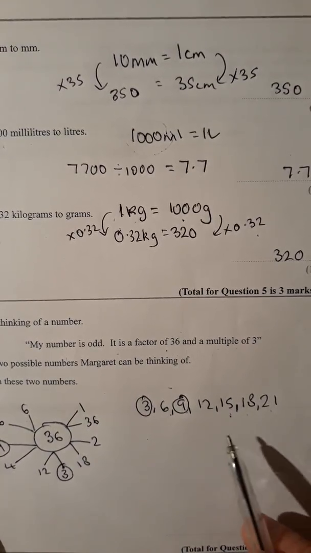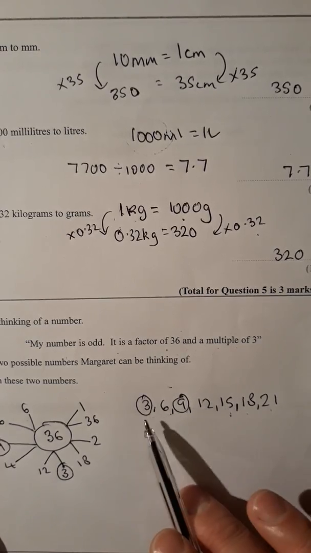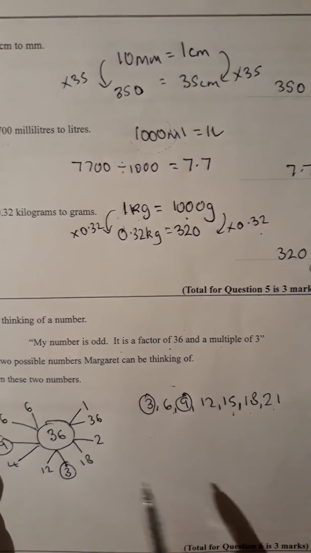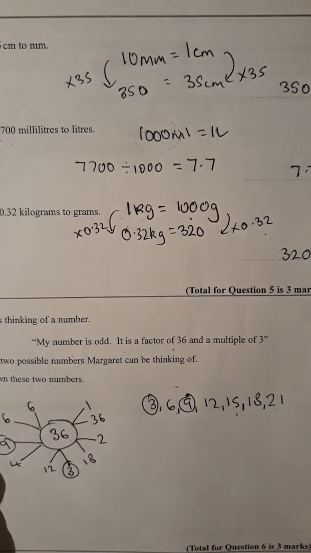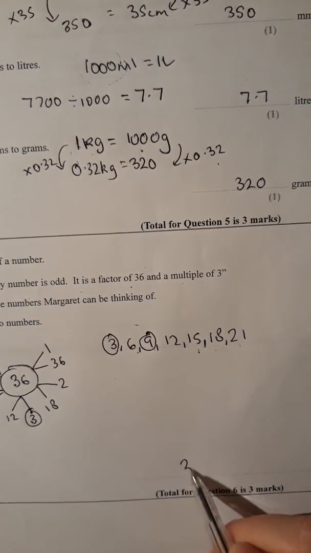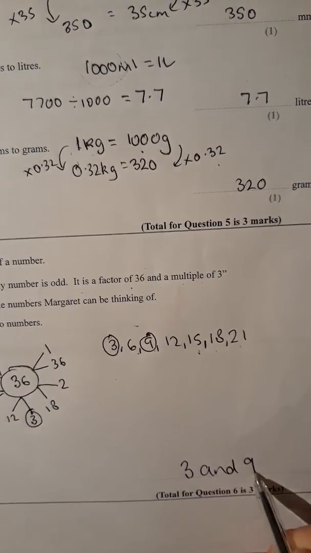So although there are more numbers than 3 and 9 that meet the criteria for factors of 36 and multiples of 3, these are the only ones that are odd. So the correct answer here is 3 and 9.